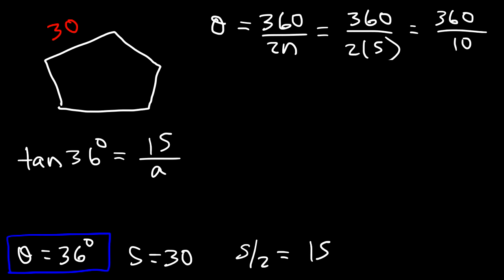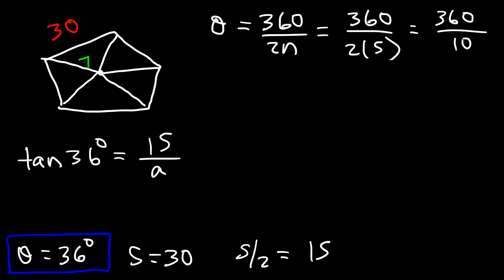Now, before we get the answer, I want to show you how to get this angle visually, for those of you who prefer it that way. So from the center, draw a line to each vertex of the pentagon. And so 360 divided by 5 is 72.